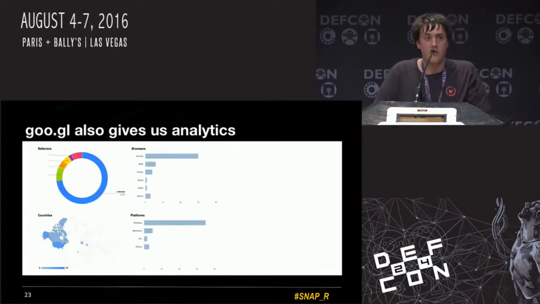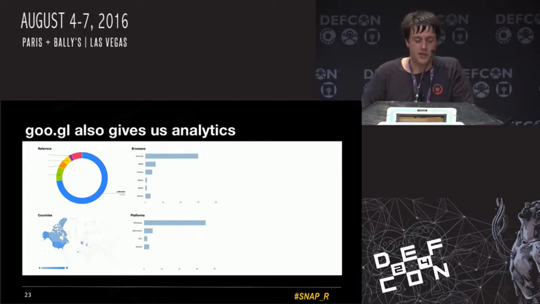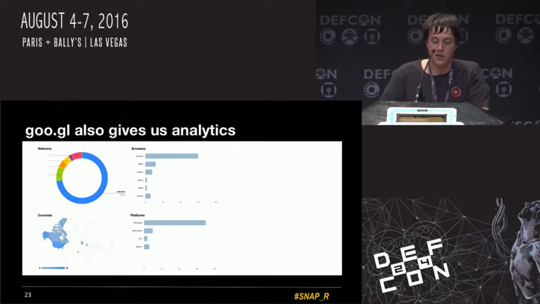Goo.gl also gives us a lot of cool analytics, like who referred the link, for example t.co, what browser the target used, what country they were based in, or at least what country their machine said they were in, and what platform they use, so Windows, Chrome, Android, and all of that.